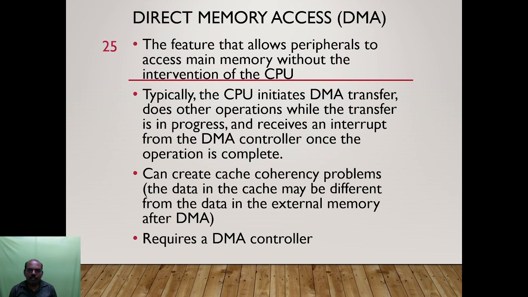The CPU does other operations while the transfer is in progress and receives an interrupt from the DMA controller once the operation is complete. It can create cache coherency problems. The data in the cache may be different from the data in the external memory after direct memory access. It requires a DMA controller.